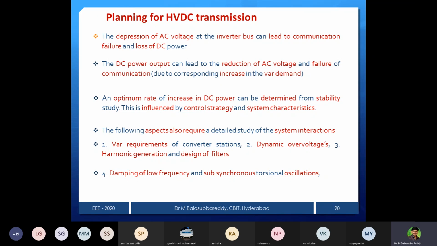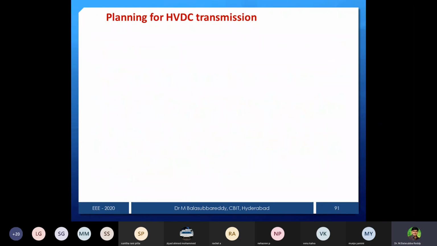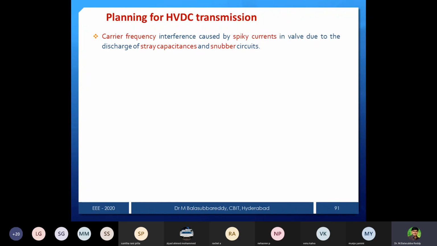Damping of low frequencies and subsynchronous oscillations we have to consider. So that is the different aspect. Detailed study is carried out before planning a new substation or a new line, and it covers the frequency interference caused by spike currents. Spike current means that in a small time duration, you may get very high voltages.